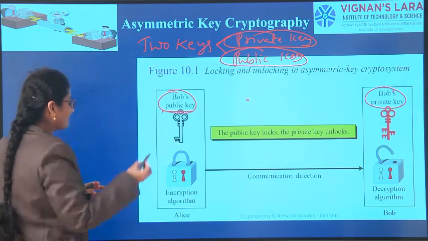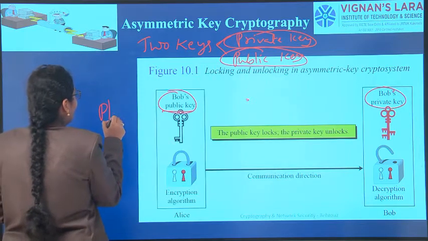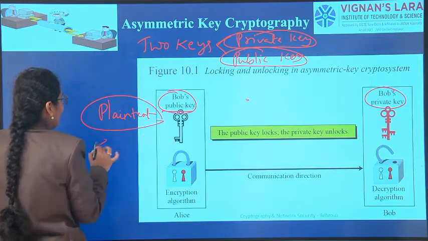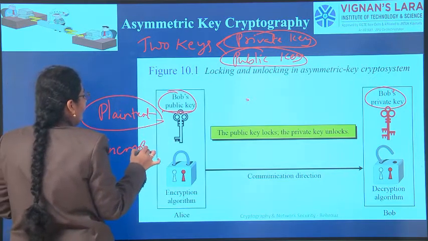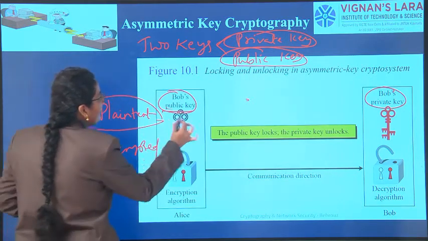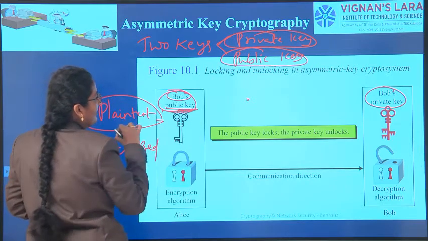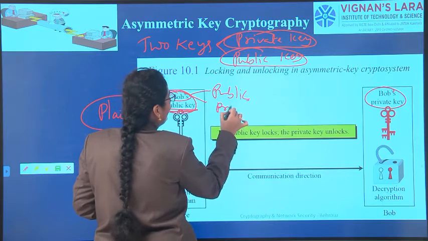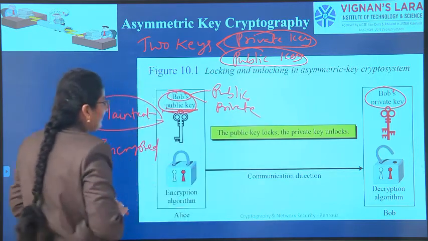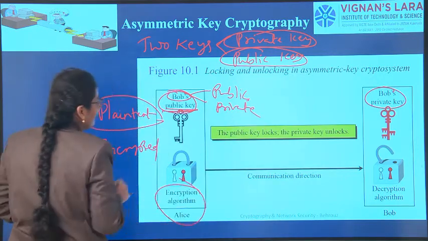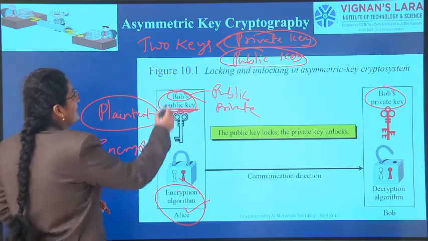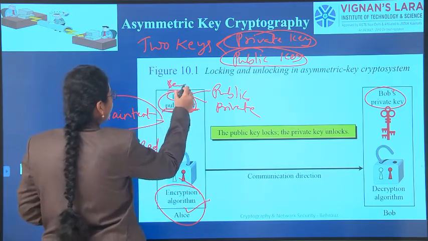So see here, we have plain text. This plain text should be encrypted. For encryption we are using public key. Bob is the person. Bob has a public key and a private key. And what will Bob do? For encryption he uses the public key, and he wants to send it to Alice. So Bob is the sender.